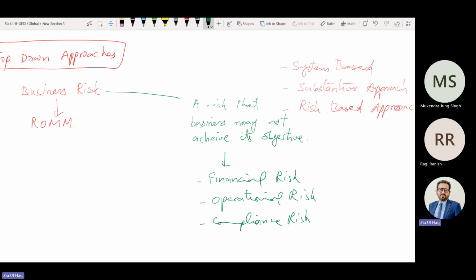What is financial risk? All the issues relating to finance, relating to money, relating to financial statements are called financial risk. Meaning an issue of the business, like company sales have declined. This is financial business risk. Company GP margin has reduced. This is financial business risk. Gearing has increased. This is financial business risk. Current ratio has decreased.